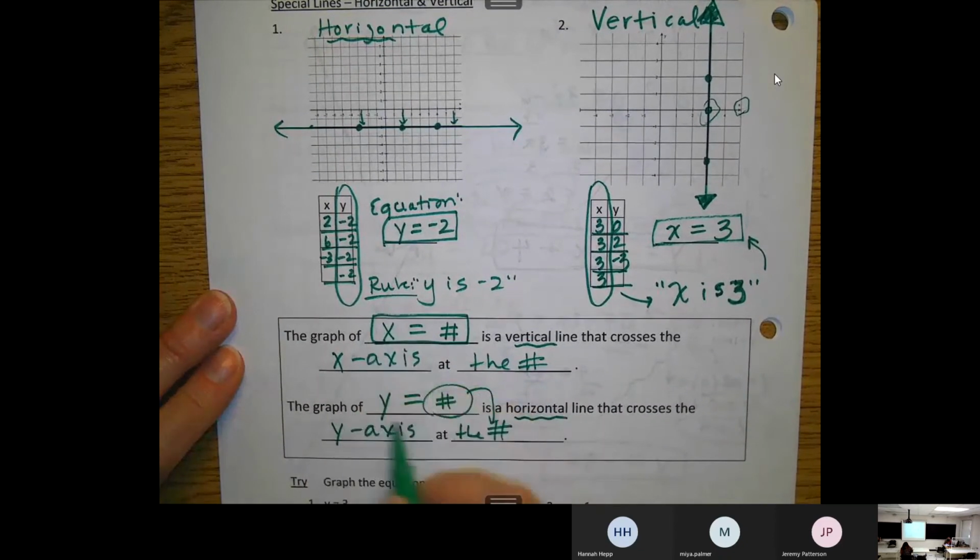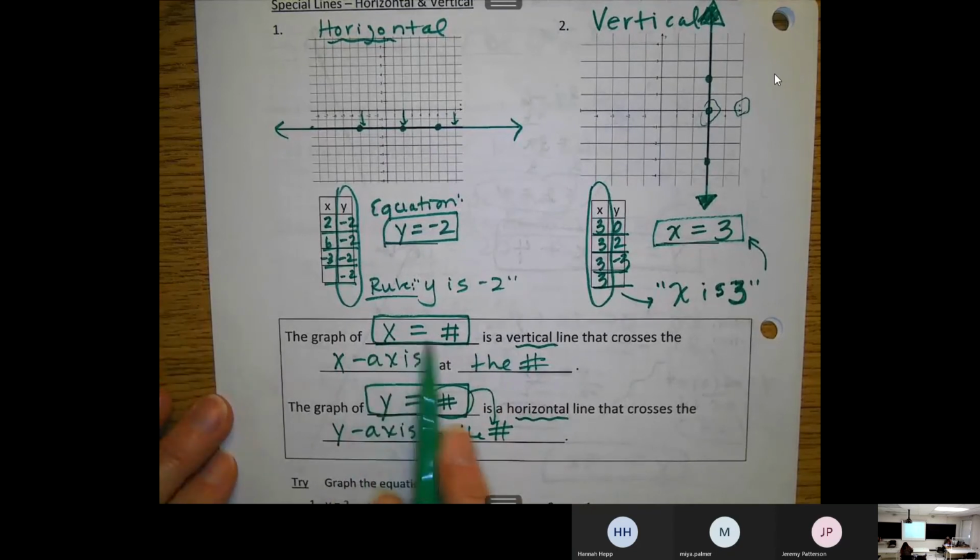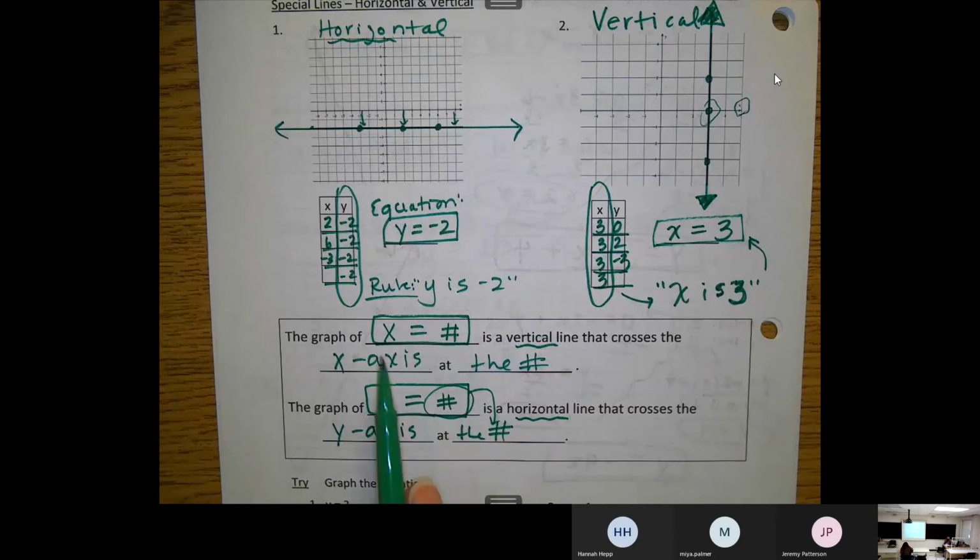So we'd like to be able to recognize the equations for these special lines, like the x equals or the y equals. And one way to spot them is they'll never have an x and a y. They just have one or the other.